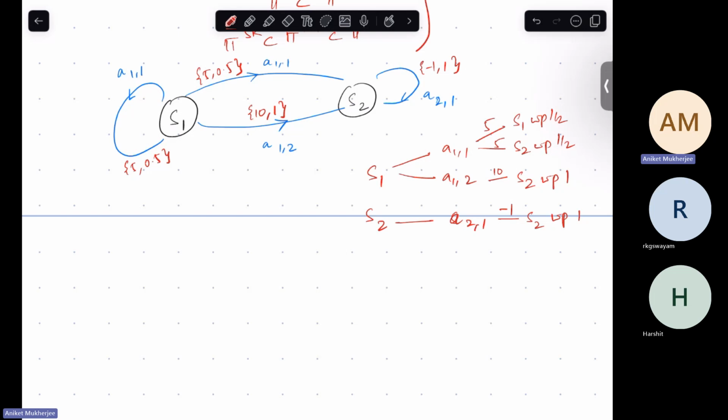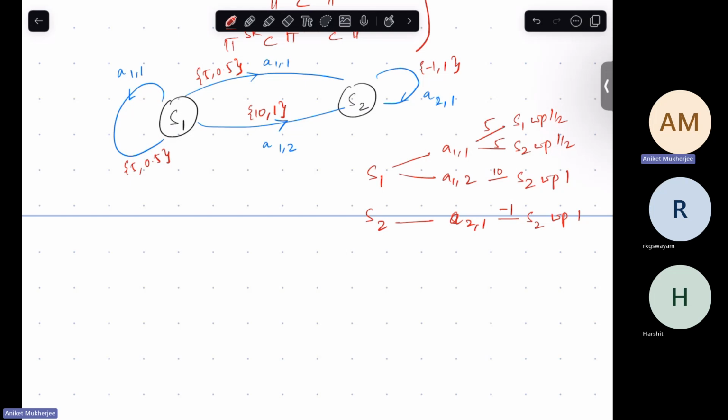So basically, I don't want to go to S2, because if I go to S2, then I can't come back to S1, and I always have to take action A21, which will incur a reward of -1. I want to maximize my reward, so I want to stay at S1. But I can't indefinitely stay at S1, because I can't choose A12, because I'll go to S2.